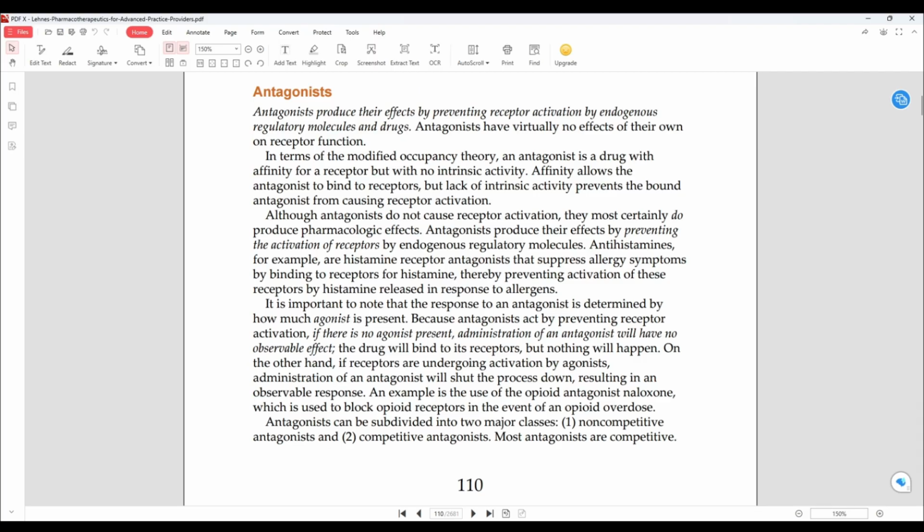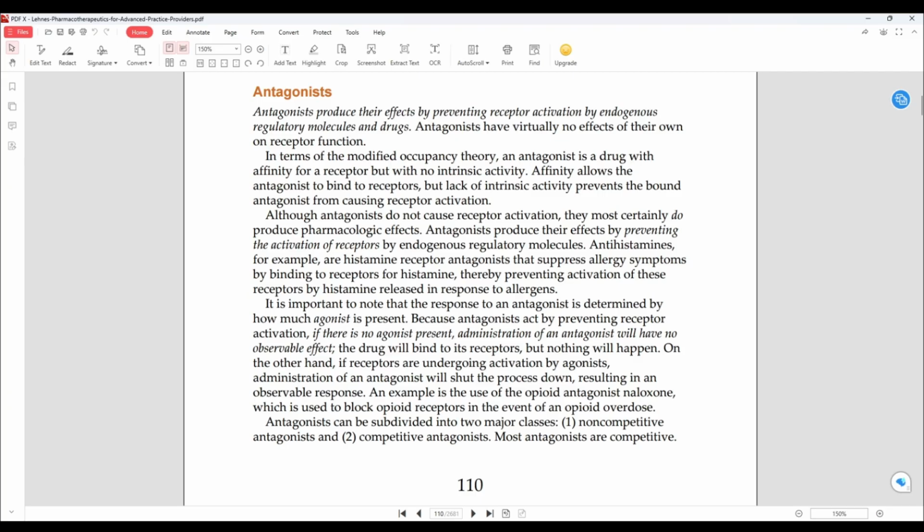Antagonists produce their effects by preventing the activation of receptors by endogenous regulatory molecules. Antihistamines, for example, are histamine receptor antagonists that suppress allergy symptoms by binding to receptors for histamine, thereby preventing activation of these receptors by histamine released in response to allergens.